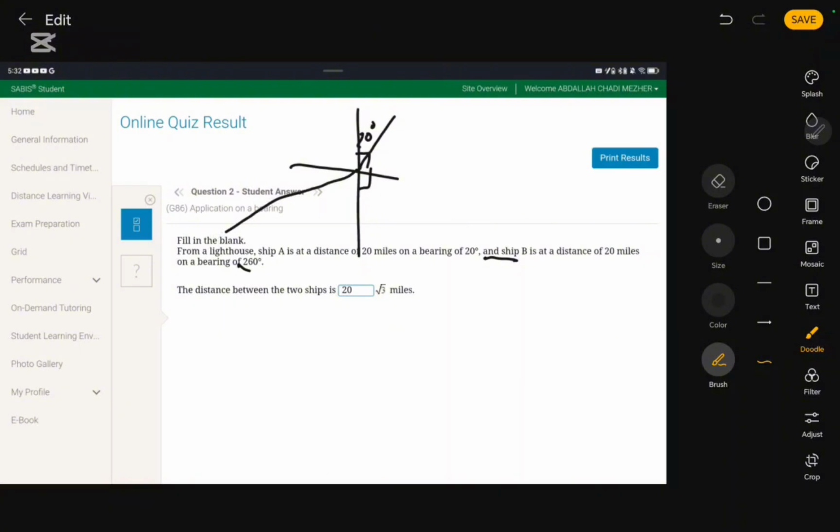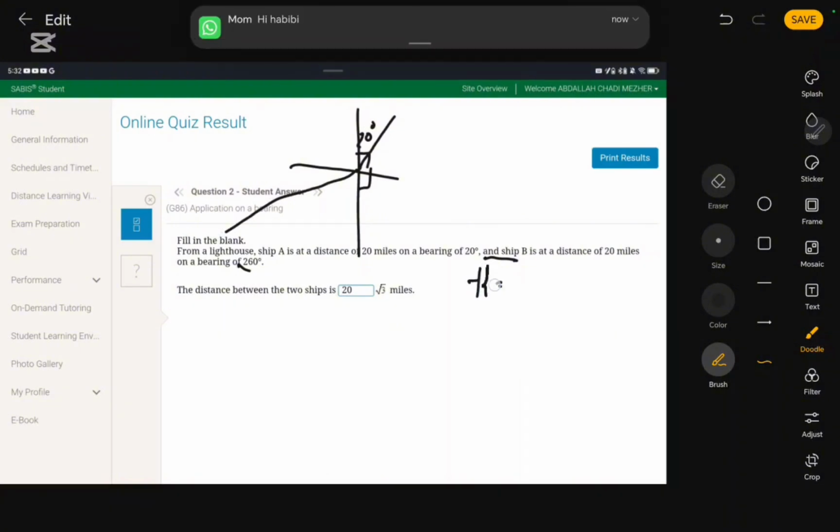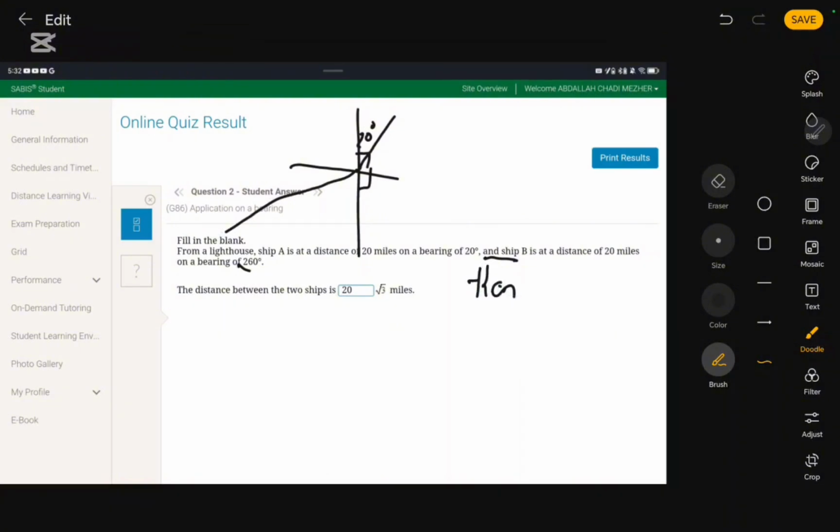Now, if they said and then, you have to draw continuing from this point, only continuing from this point. But since they said and, you draw a whole new line. So over here, all of this is 260.